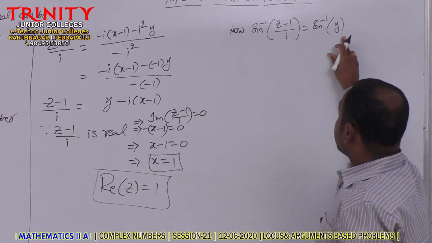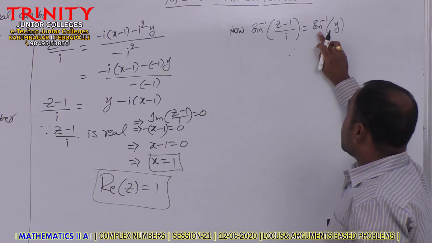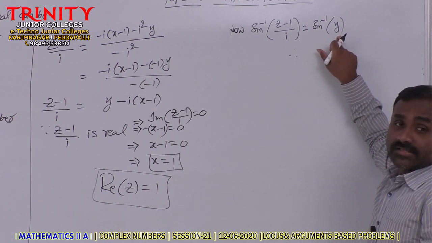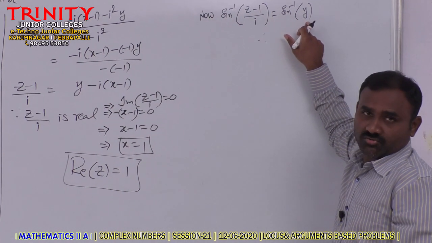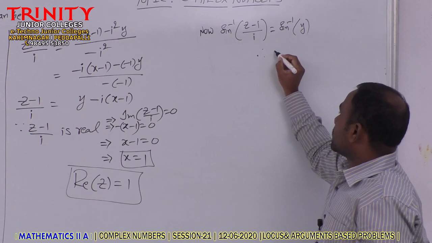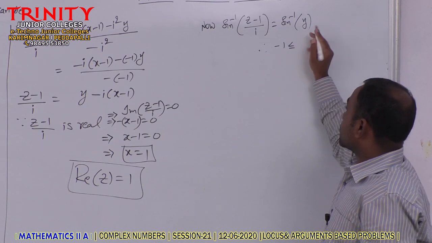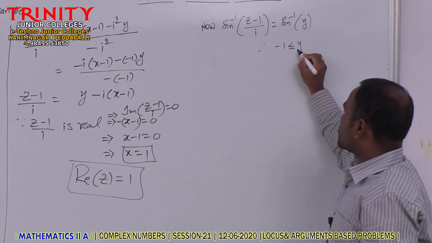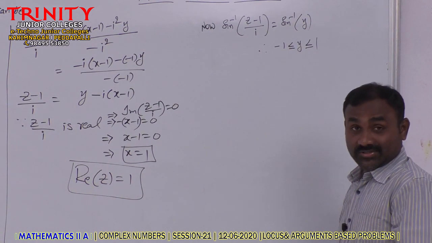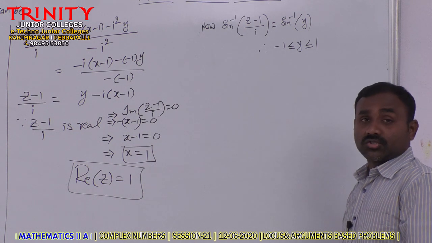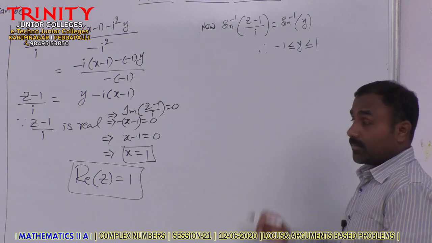Sine inverse of y. Therefore, sine inverse of x is defined for x values lying between minus 1 and plus 1, or not. Therefore, it is defined for minus 1 less than or equal to, instead of x we have y, so y less than or equal to 1. Why? Because the sine inverse x domain is x belongs to the closed interval minus 1 comma 1.